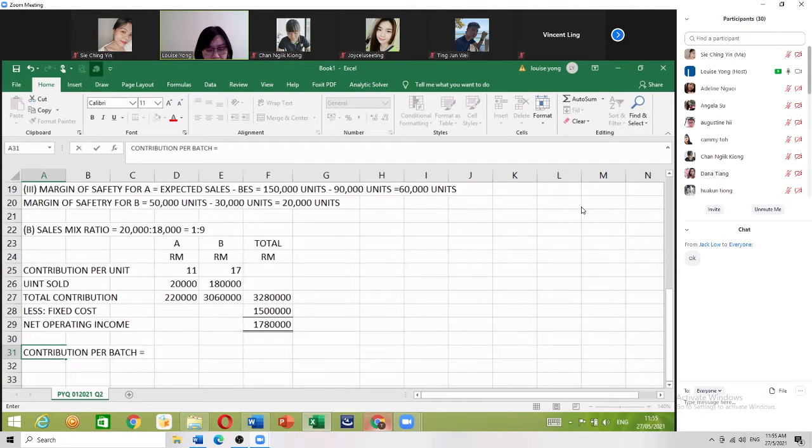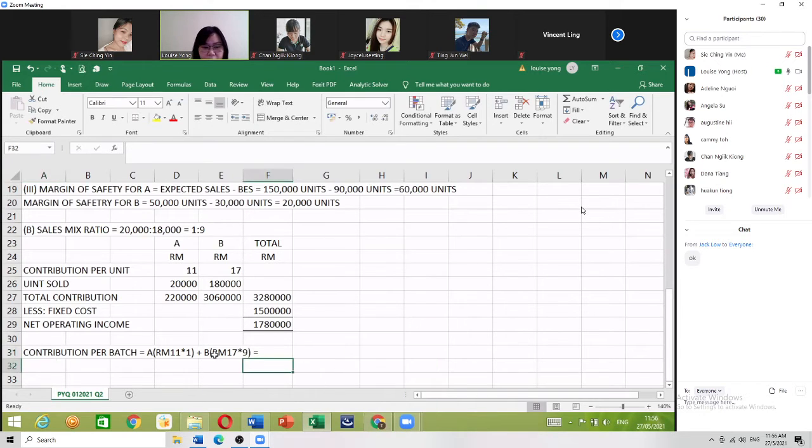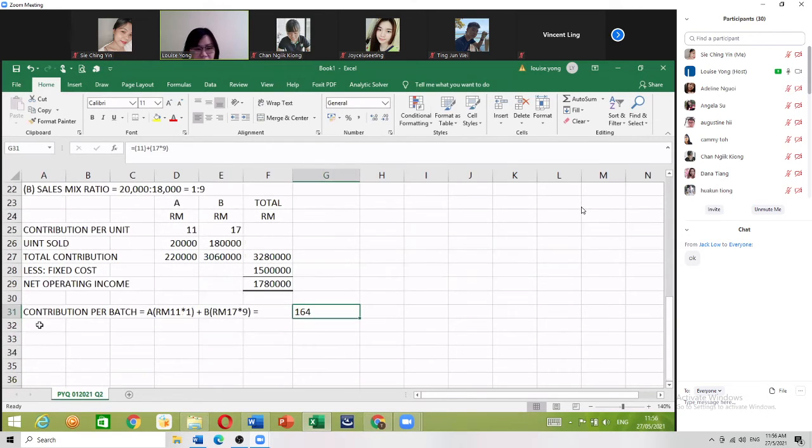Okay, so that means for A, $11 times your sales mix of 1, plus B, contribution will be 17 times 9. Okay, so what does it equal? 11 plus 17 times 9. OK, so 164, 164.